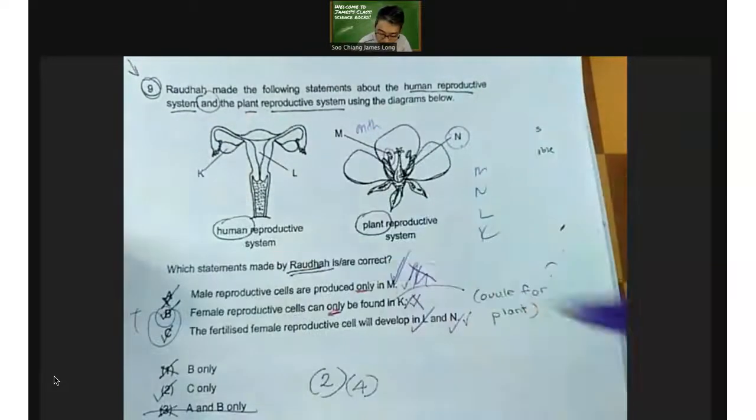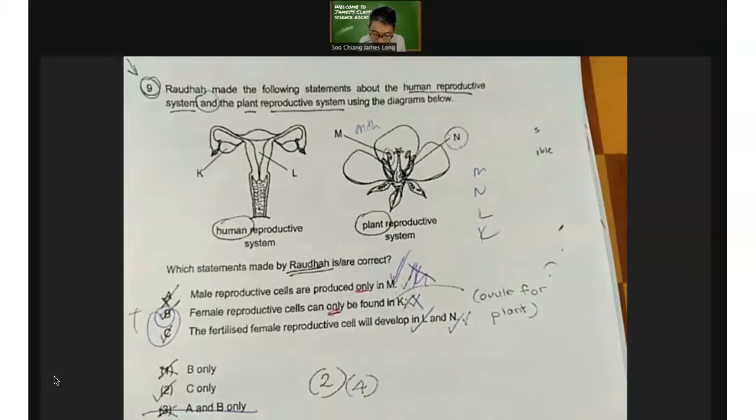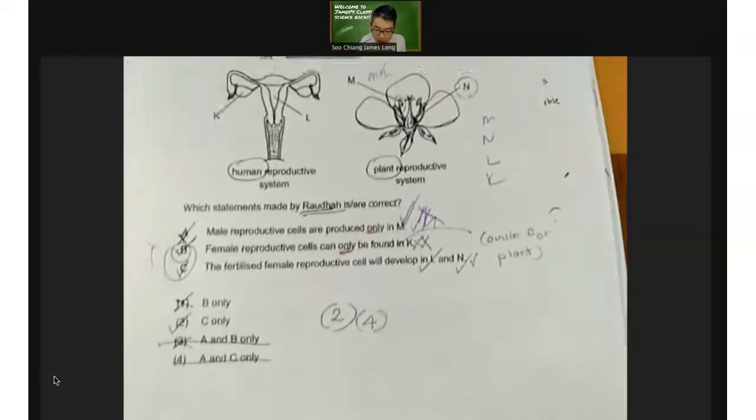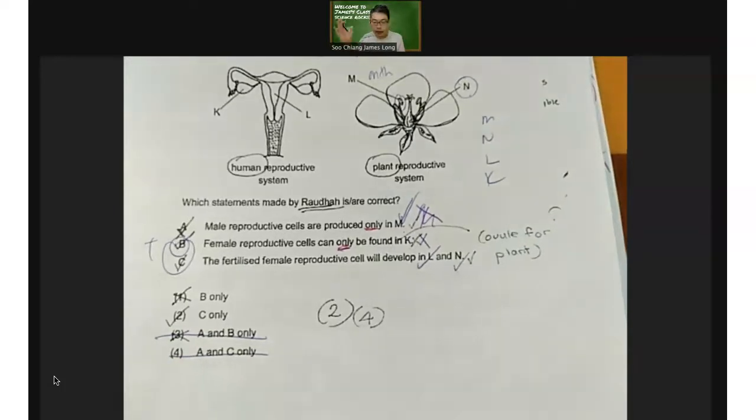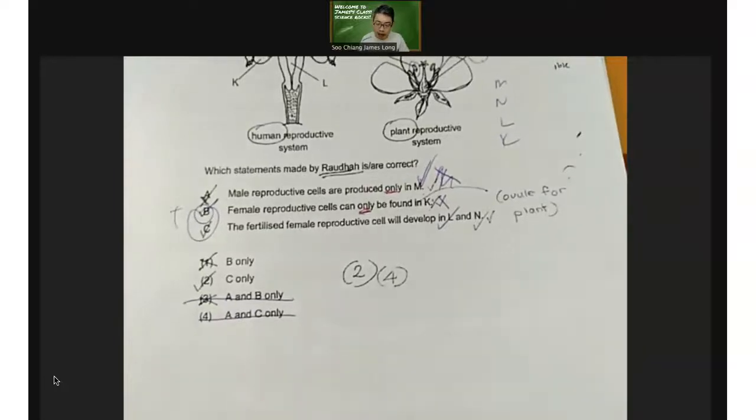So B and C, where is B and C? I don't see B and C as an answer in the options given here. I think the answer should be B and C, but I don't see B and C. So let's say the options here are missing B and C. Let's say that we are forced to choose in the exam, and you ask the invigilator, and the teacher comes and insists that there's nothing wrong with the options.